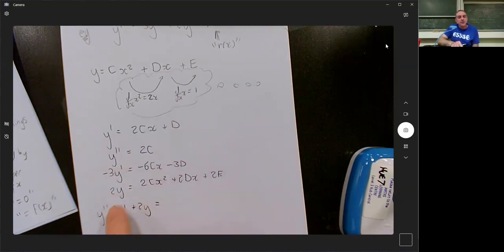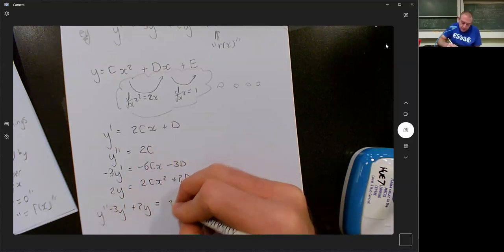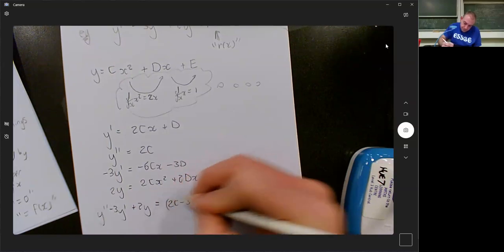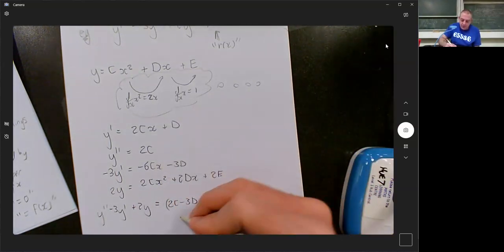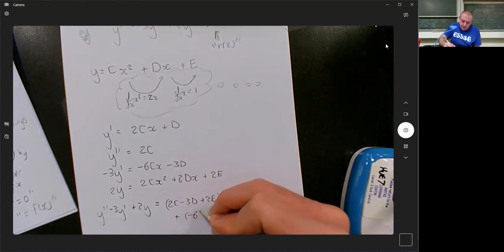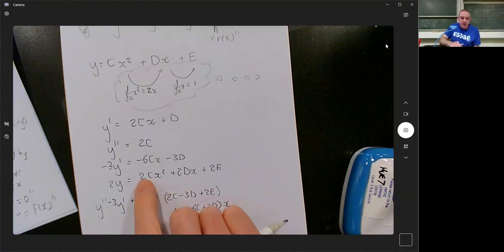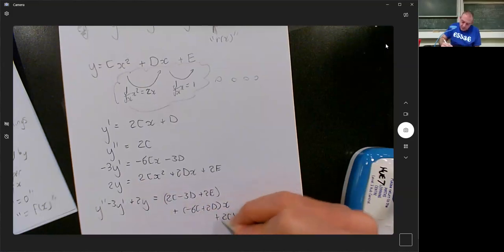So when I add all three of these things together, I get, as my constant term, 2c minus 3d plus 2e. And as my x term, minus 6c plus 2d x's. And as my x squared term, 2c times x squared.